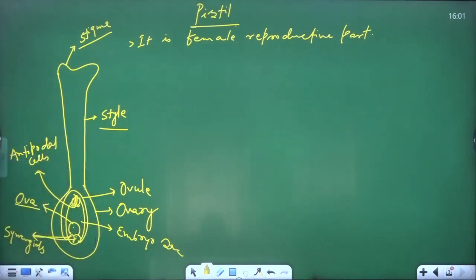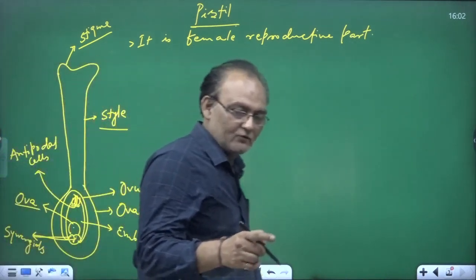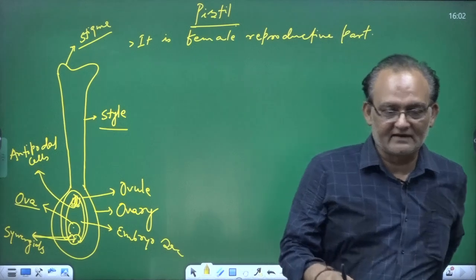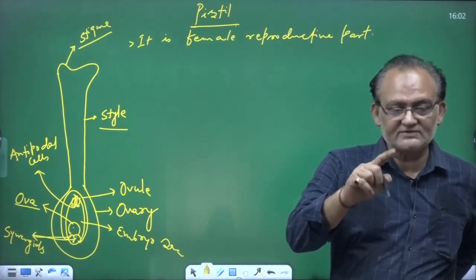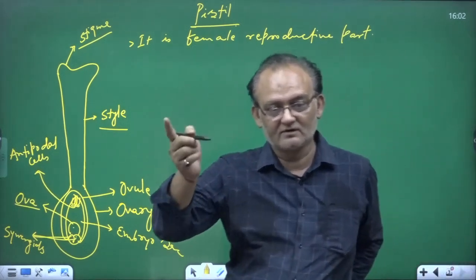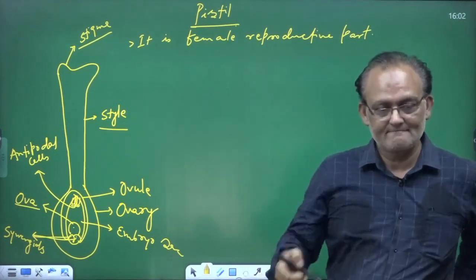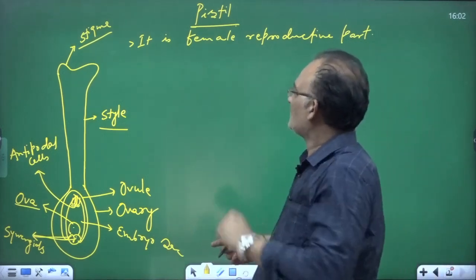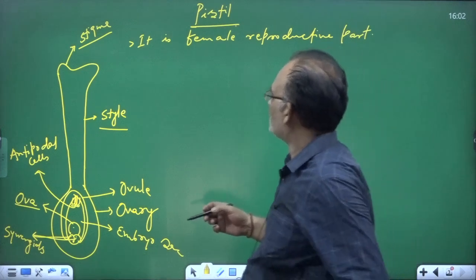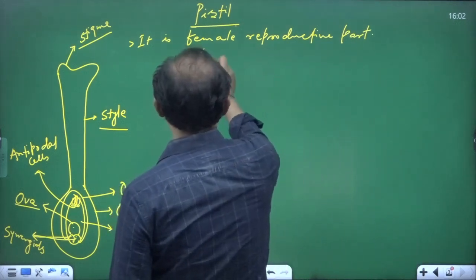So synergids, ova, and antipodal cells are present in the embryo sac. Clear? See, ovary contains ovule, and ovule contains embryo sac. Ovule forms the seed later on, and ovary forms the fruit. So write down first about stigma.